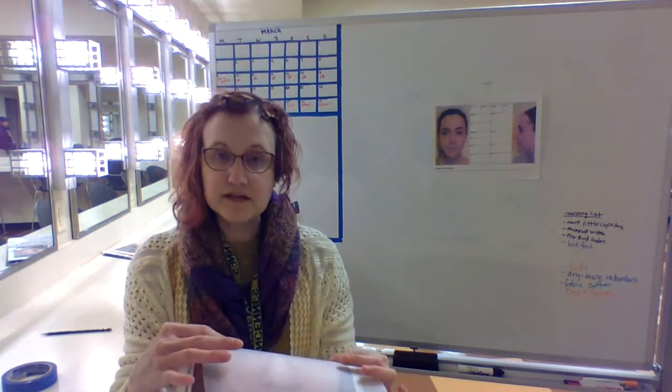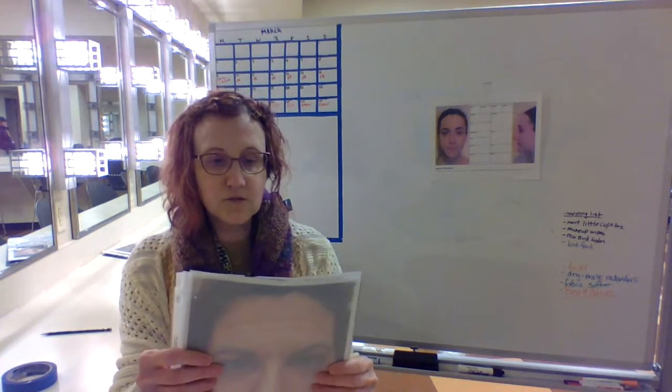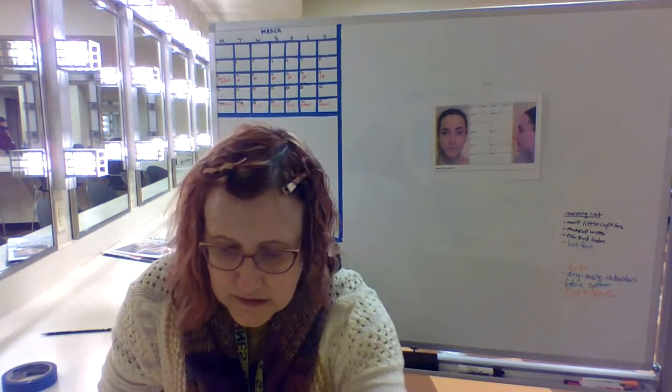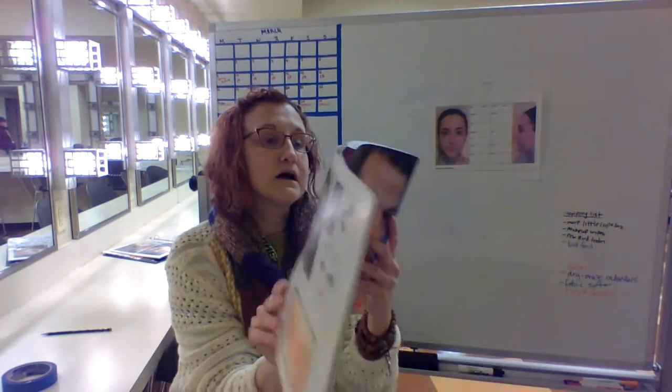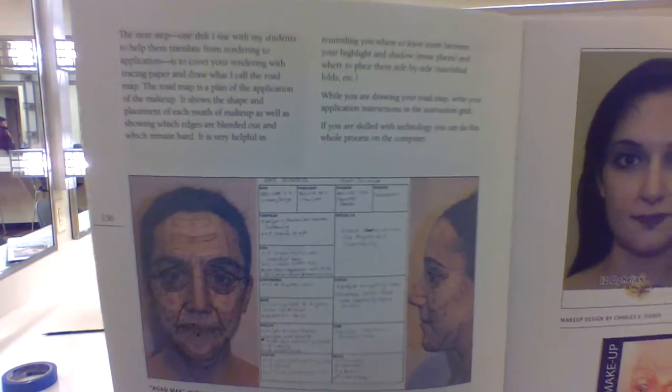So the other thing that happens with this one is if you are going to include your picture, the reason why you include your picture is because you can take tracing paper and draw over the top the shapes that you would like the makeup to be in.